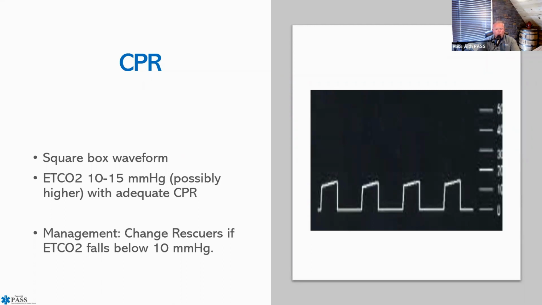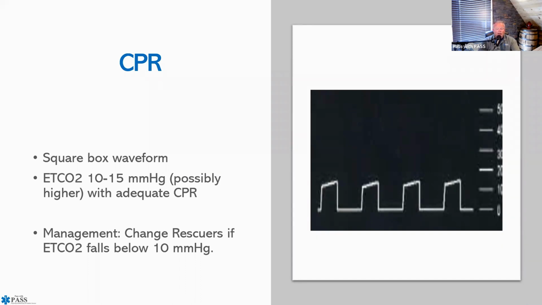So what we do through external compressions, us doing CPR, is basically create their metabolism for them. You can appreciate, hopefully, that us doing external compressions is not going to be as effective as them having an internal heartbeat. Therefore, our end-tidal CO2 readings are not going to be as high because we're just not as effective.